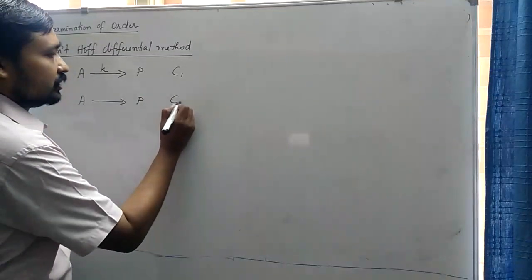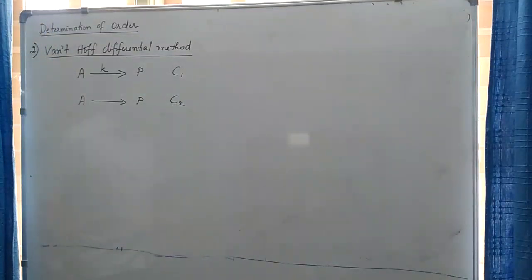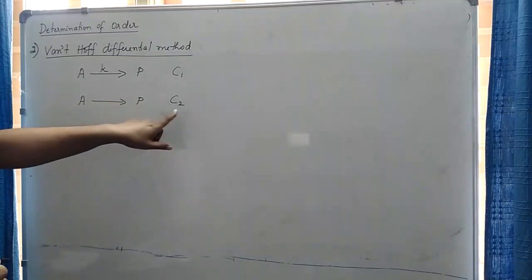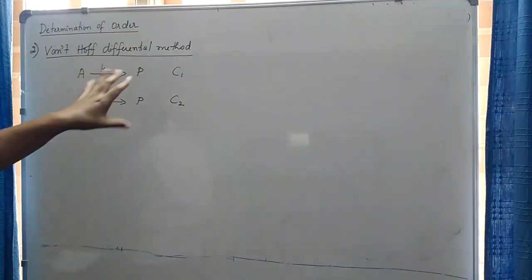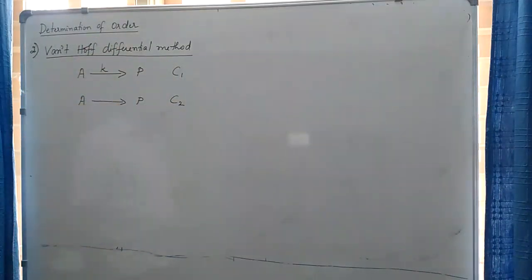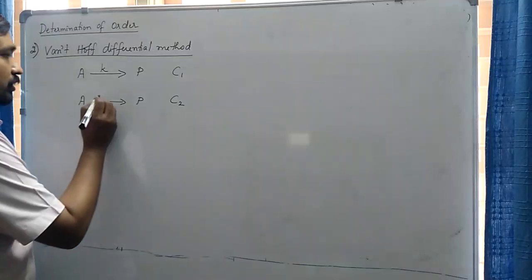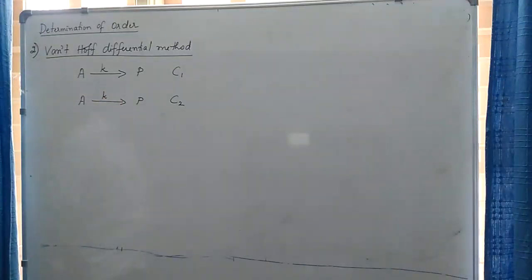The second run is the experimental condition where C2 is the initial concentration of the reactant. The other conditions are the same; only the initial concentrations of the reactant are different. And remember, the rate constants of both the reactions are one and the same, because the rate constant is a constant; it does not vary with the concentration of the reactant.